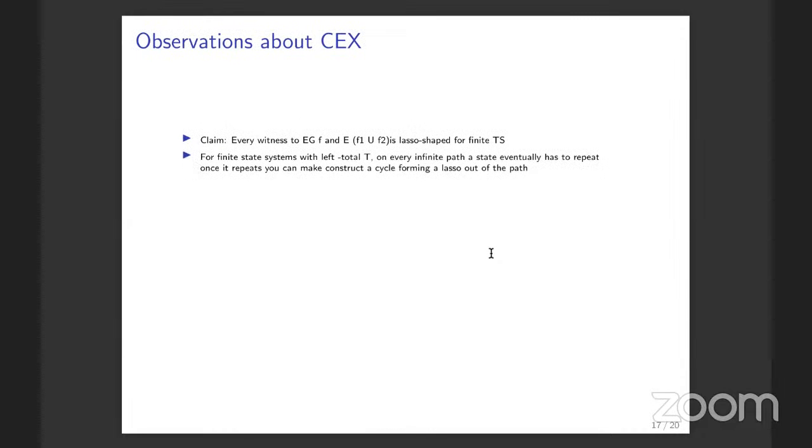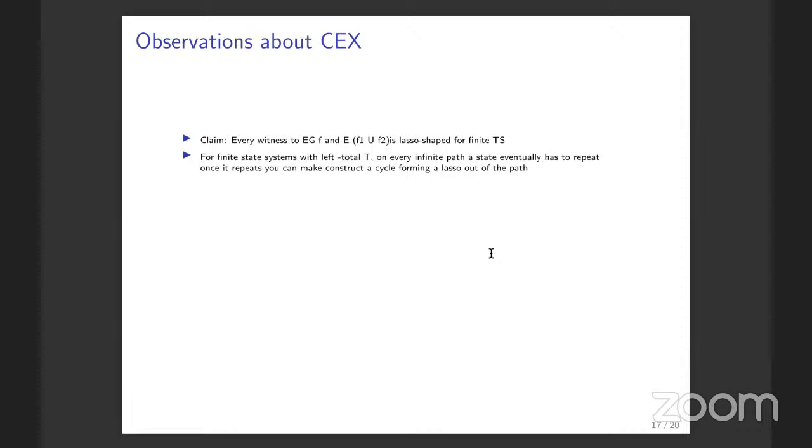Why? For finite state systems which have a left-total transition relation, on every infinite path, a state eventually has to repeat, right? Because there are only finitely many states. So once it repeats, you can then construct a cycle from that, and that will be a lasso.